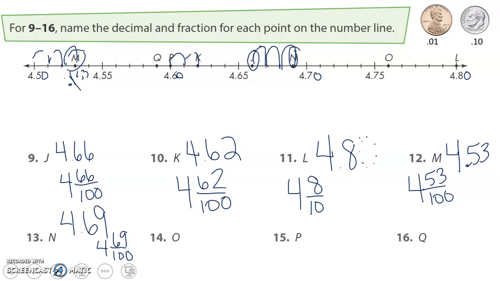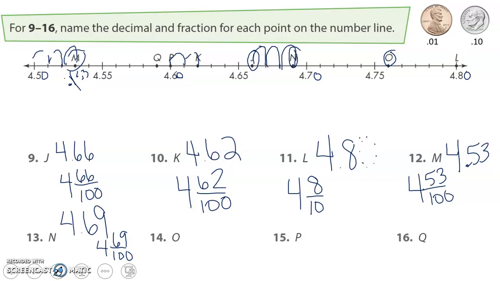Okay, so I want you to think of that concept of each decimal represents money, and add a 0 at the end of it so that it's a little bit easier to understand. And I think once you do that, understanding decimals and placing them on the number line will be so much easier. Okay, let's just do one more. Here we have O. That's right after 4 and 75 hundredths.